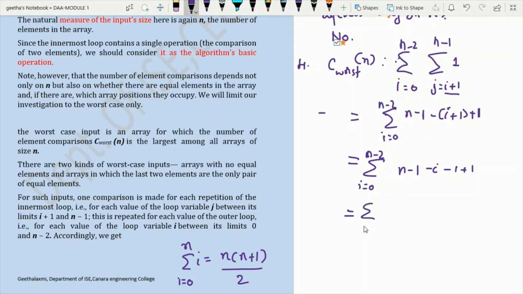The minus 1 and plus 1 can be cancelled. So it is n minus 1 minus i.